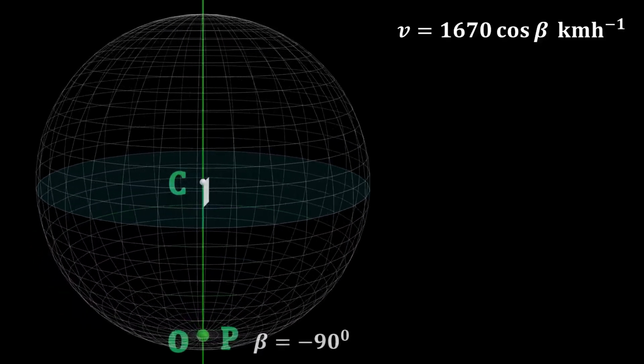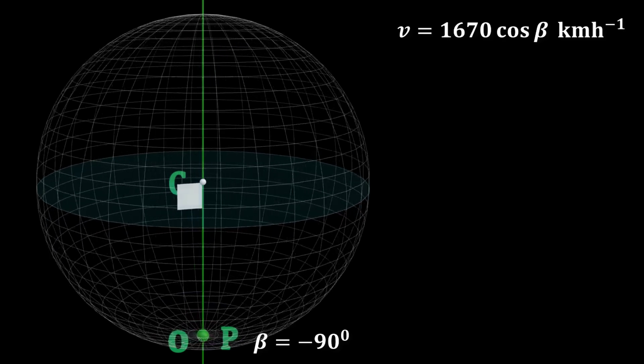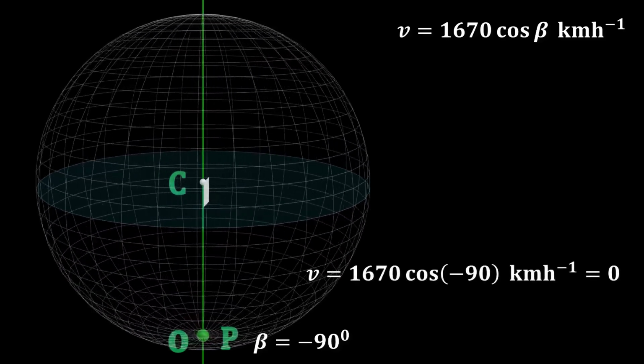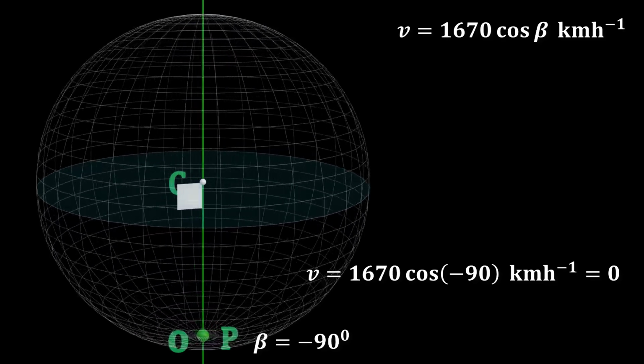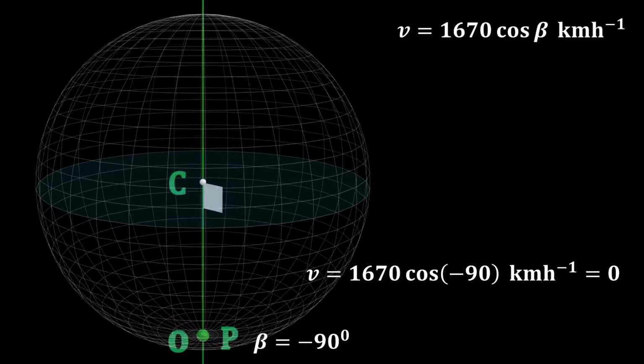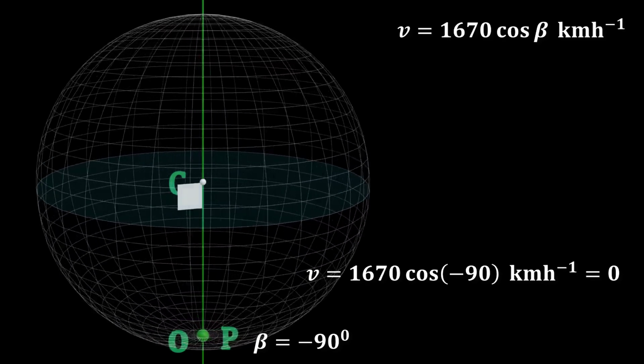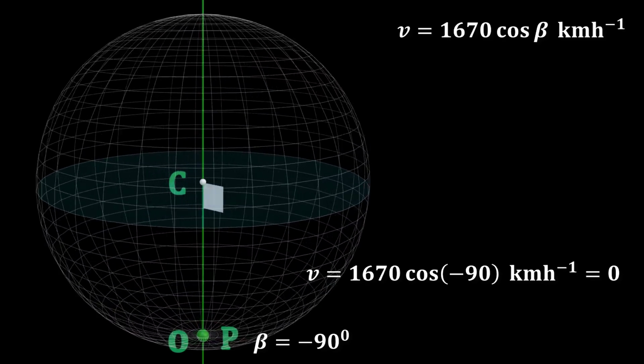And for beta equals minus 90 degrees, which corresponds to the South Pole, we have cos of minus 90 equals 0, and we have V equals 0. A point on the South Pole is not moving due to the rotation of the Earth.